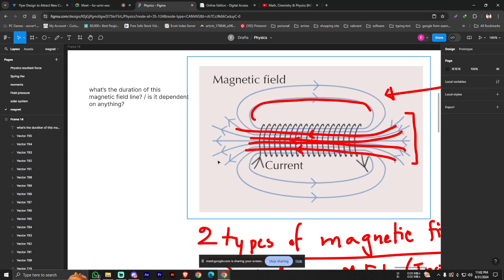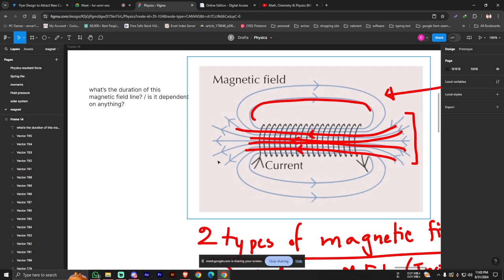So if the current is not flowing through the solenoid, no magnetic field will be produced. Of course, the main key element here is the current, a moving current flowing through the circuit, or through the solenoid.